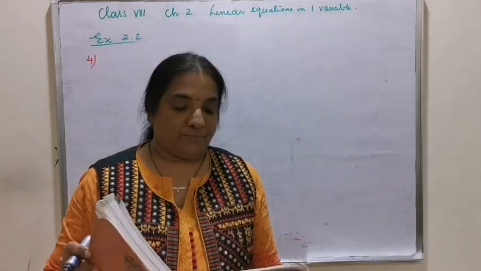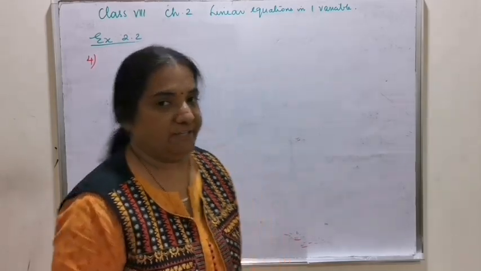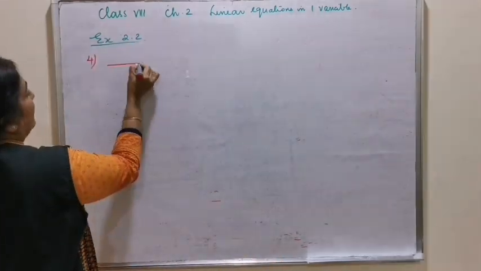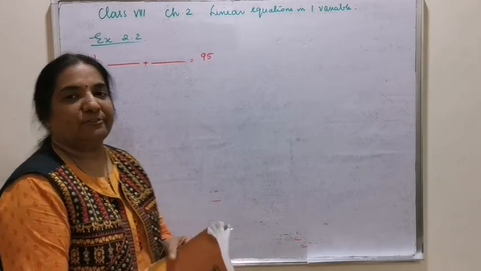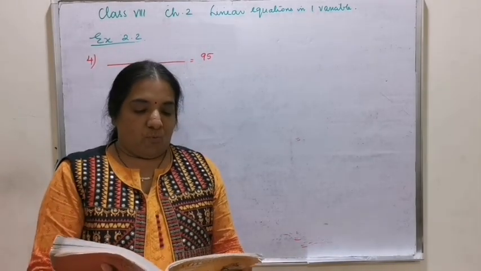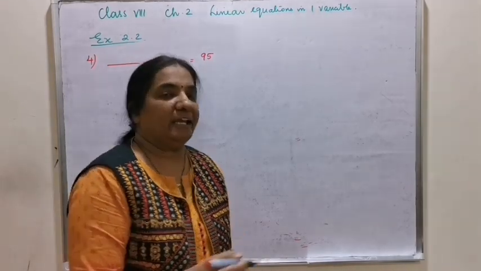Question number 4. Sum of two numbers is 95. That means there are two numbers whose sum is 95. One number exceeds the other by 15.